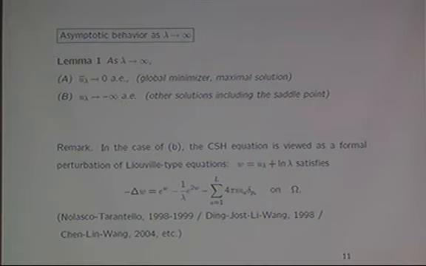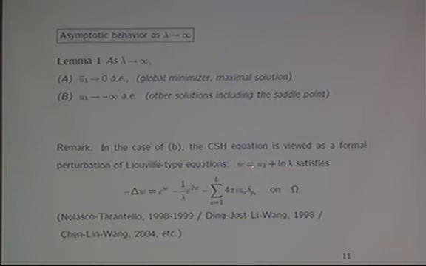So let me mention an interesting thing. I mean, capital D. It's my mistake. In the second case, the Chern-Simons-Higgs equation is viewed as a formal perturbation of a Liouville type equation or mean field equation. If we consider this function, then the function W satisfies this equation.